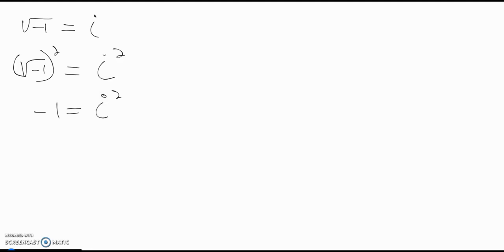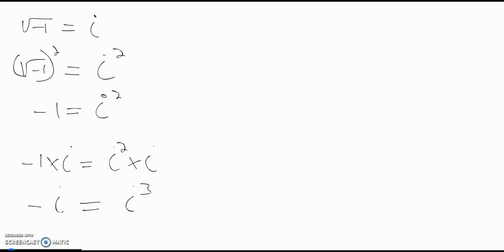Now, let us take this a bit further. What if we were to multiply both sides by i? So I would have -1 times i is equal to i squared times i. So -i would be equal to i cubed.